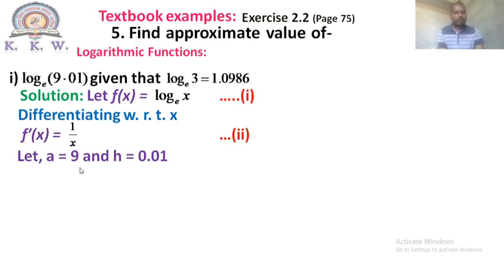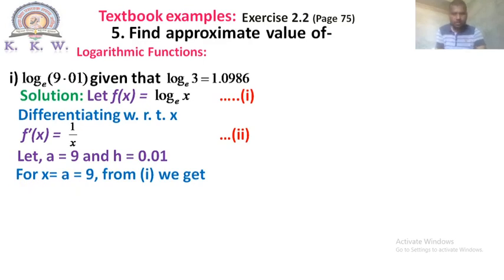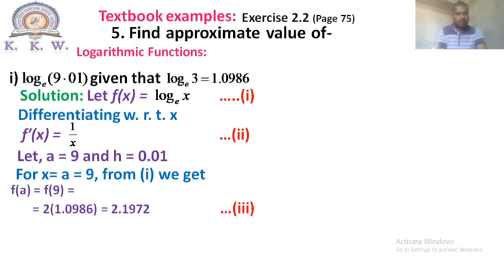At x is equal to a is equal to 9, f of a and f dash of a become: f of a is equal to f of 9 is equal to log of 9 to the base e. Log 9 can be written as log 3 square to the base e.